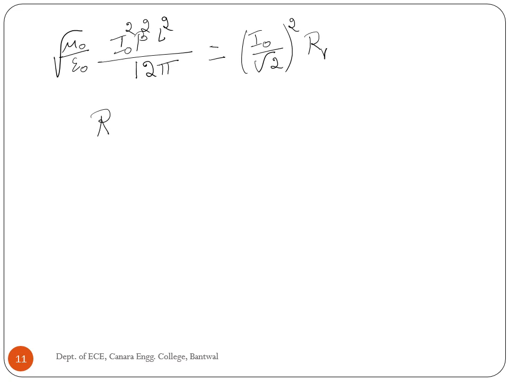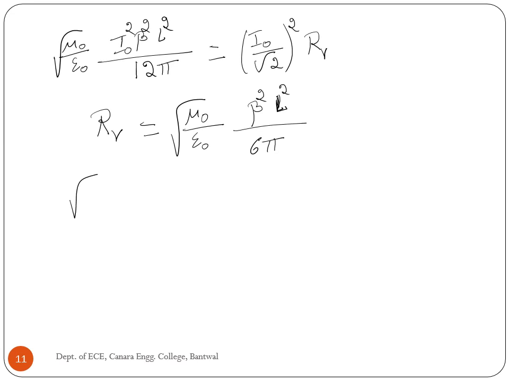From this, I'll get the radiation resistance of the short dipole, that is RR, which is equal to root of mu naught divided by epsilon naught, beta square L square divided by 6 pi.